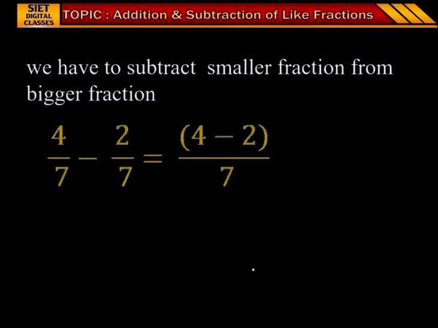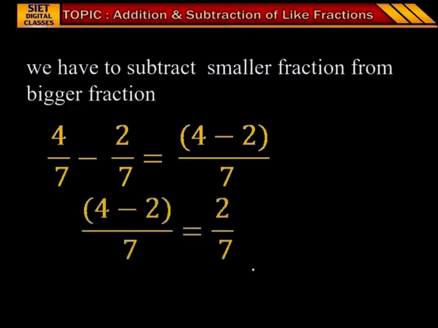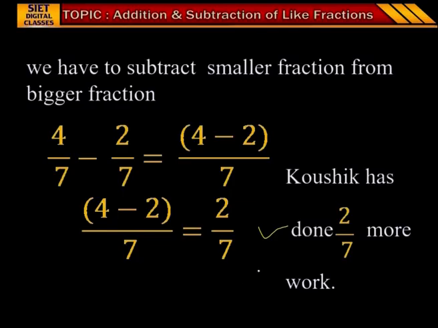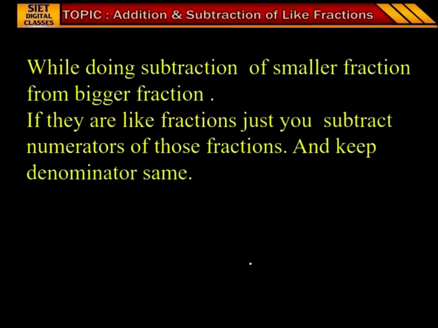That means we subtract the numerators, 4 minus 2 by 7. We get the resultant 2 by 7. Kaushik has done 2 by 7 part more work. While subtracting a smaller fraction from a bigger fraction, if they are like fractions, just subtract the numerators of those fractions and keep the denominator the same.